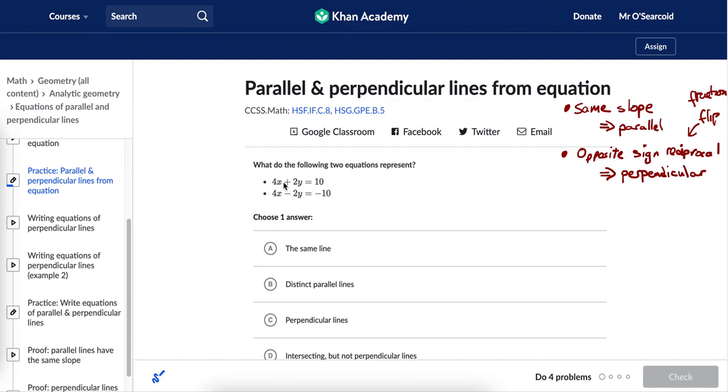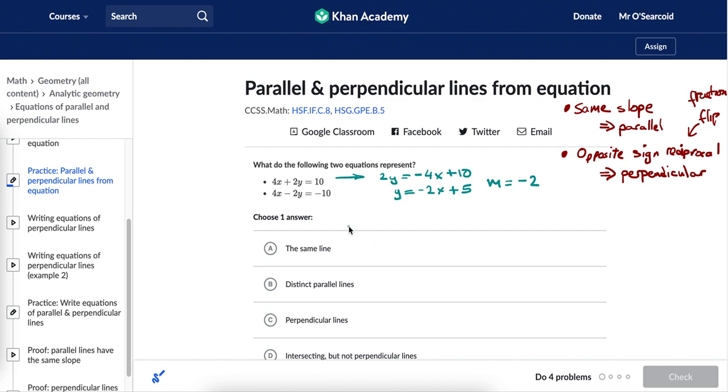All we've got to do is subtract 4x from both sides, which gives us 2y equals negative 4x plus 10. Then we divide by 2, and y is equal to negative 2x plus 5. There's our slope: m is negative 2.